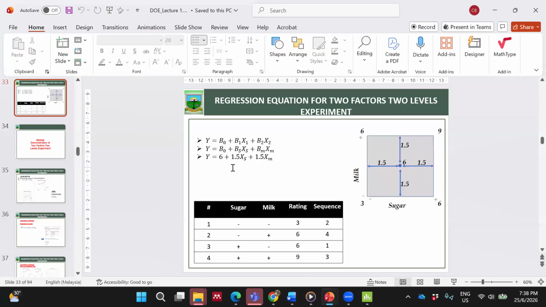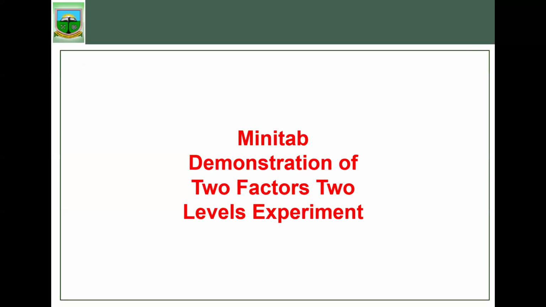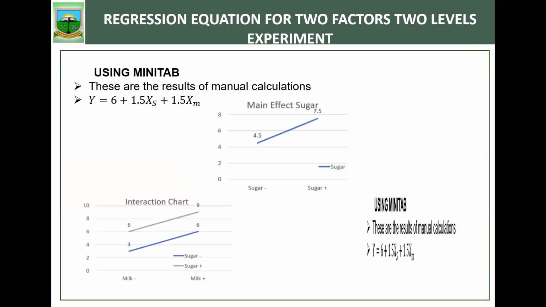Okay, so come back to our slide. From the Minitab, this is just a concluding remark of the Minitab experiment. From the Minitab, we confirm that the model equation is still 6 plus 1.5 sugar, 1.5 milk.